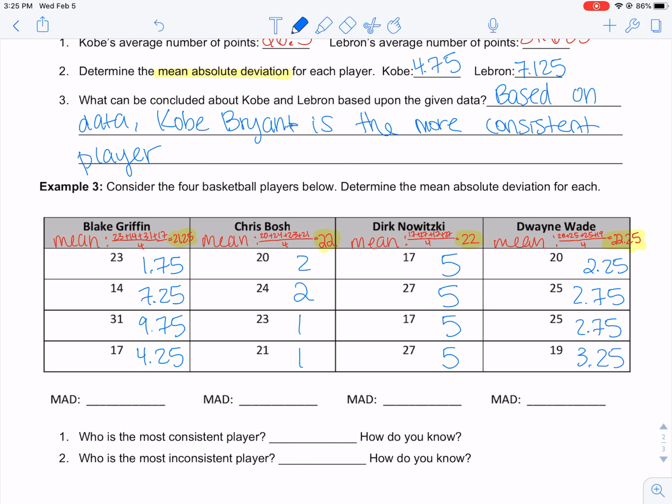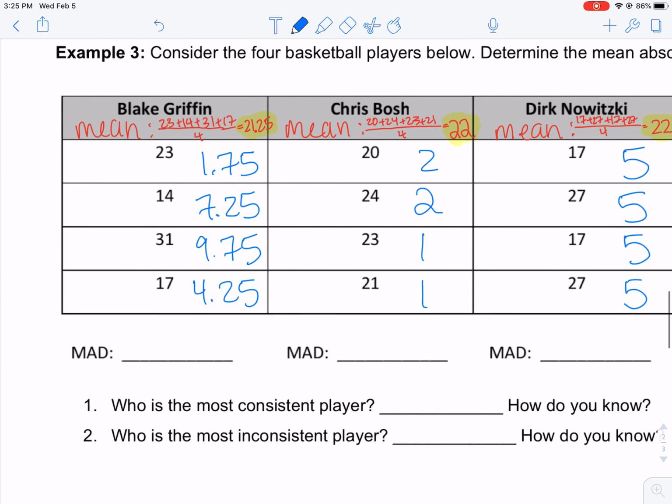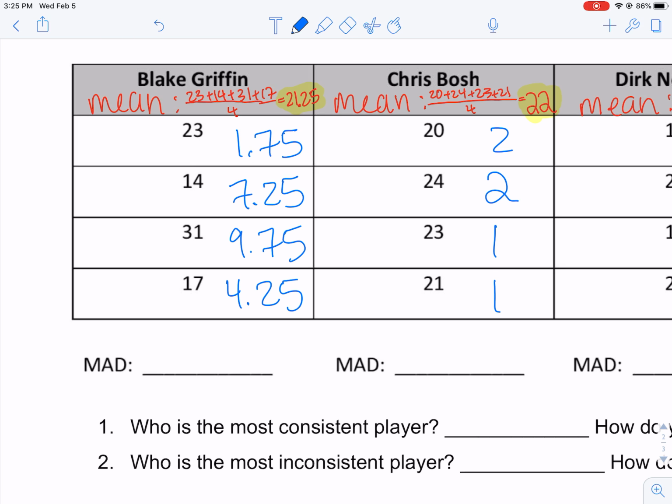All right, so now we can figure out our MADs. So for the first one, we're using our blue numbers for our differences. So we need to put it in the fraction line, 1.75 plus 7.25 plus 9.75 plus 4.25 all over 4 should give you 5.75 on your calculators. Next one, 2 plus 2 plus 1 plus 1 all over 4.